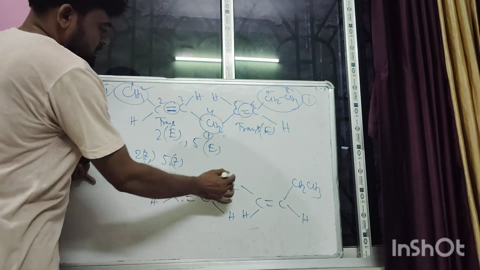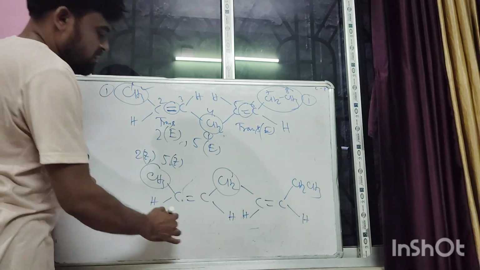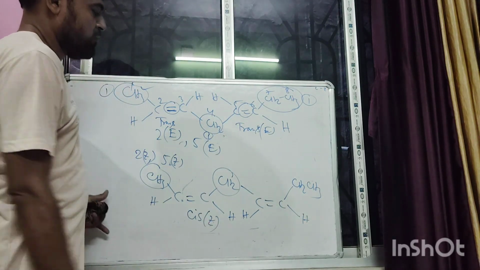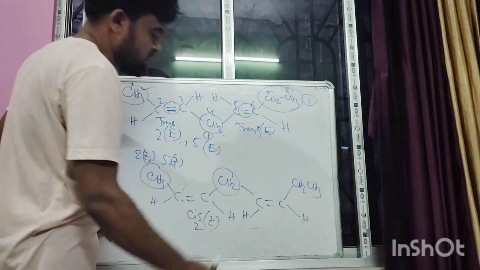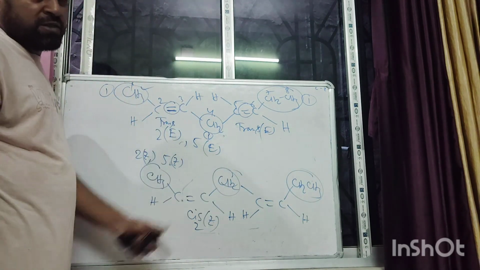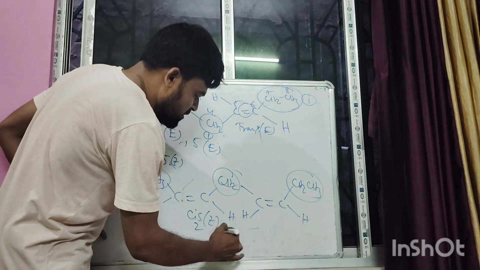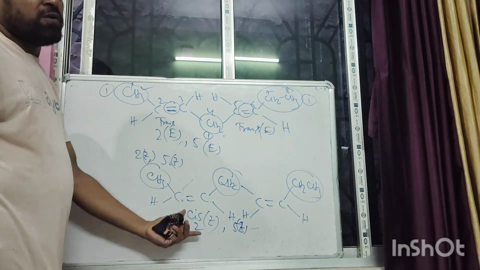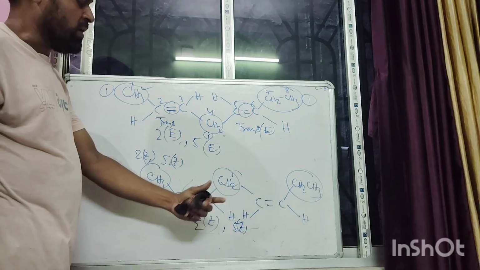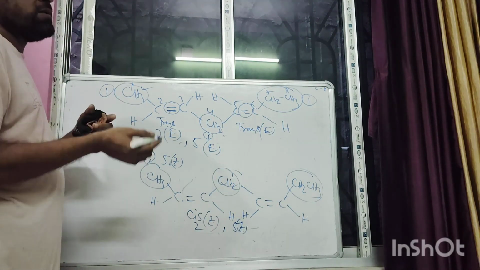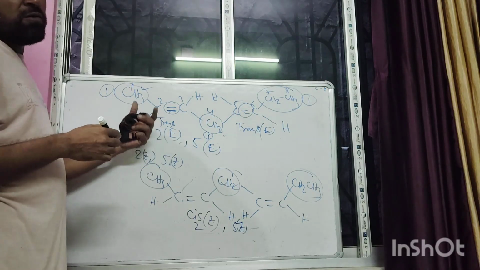Here, at these double bonds, the two groups are present in the same direction, so it is called cis or a Z isomer, that is 2Z, and here these two groups are in the same direction, so it is also a Z, it is 5Z. So it is an example of cis, the 2Z 5Z, and another is 2Z 5E, and another is 2E 5Z.